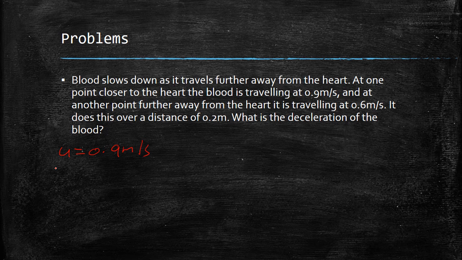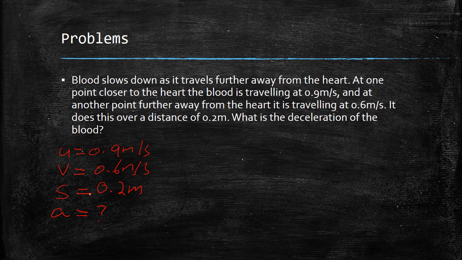And then at another point further down, it's slowed down a bit, and its final velocity is v = 0.6 meters a second. So we have u and v. Next, we also have that it did this over a distance of 0.2 meters. So we have s = 0.2 meters, and we're trying to find a.